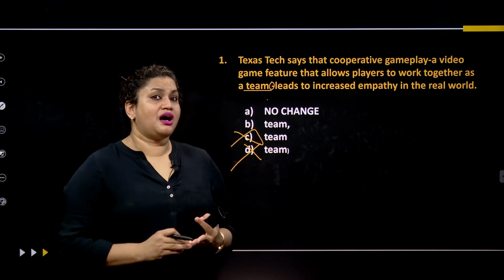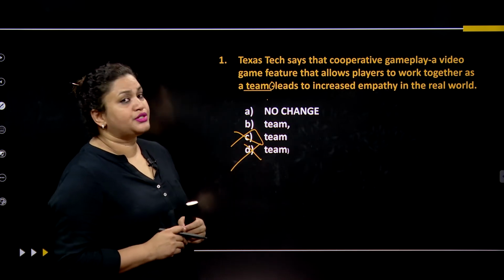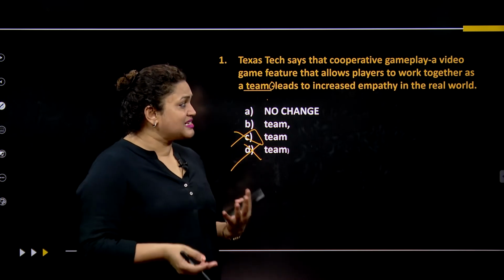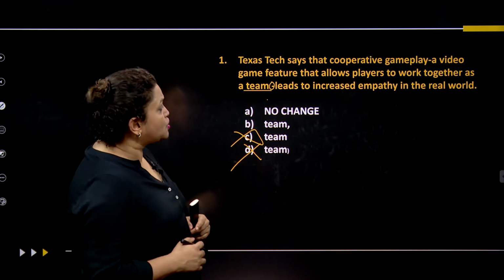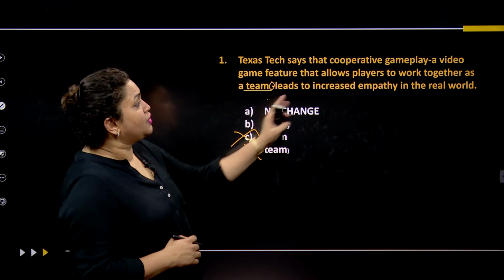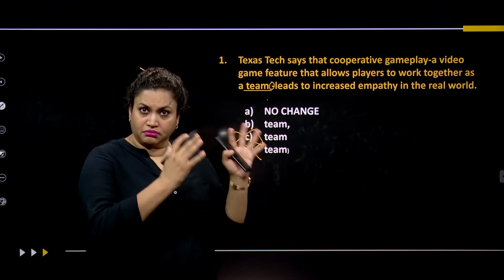A comma cannot suffice the information. It leads to increased empathy in the real world. It is just not an aside, I presume. So we cannot go with this, because to work together as a team is the cause.